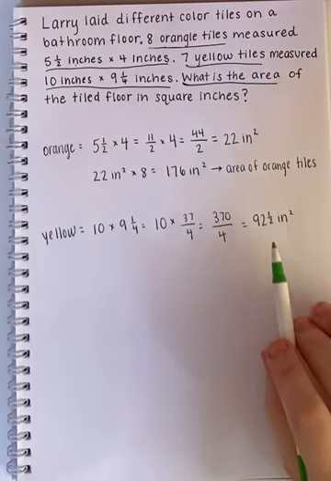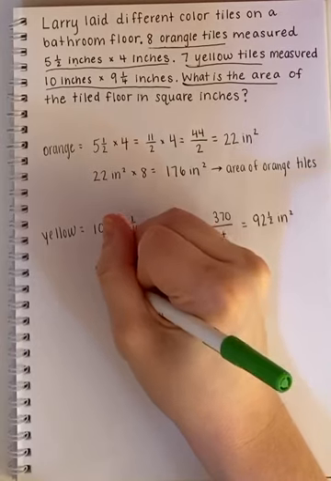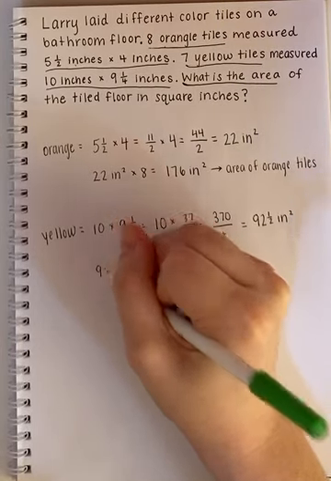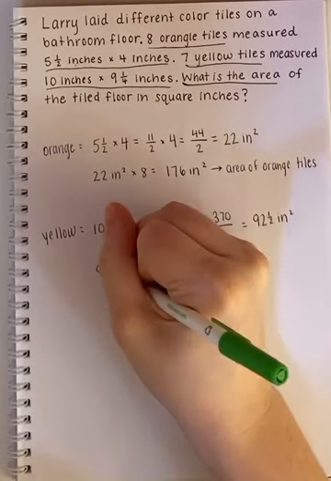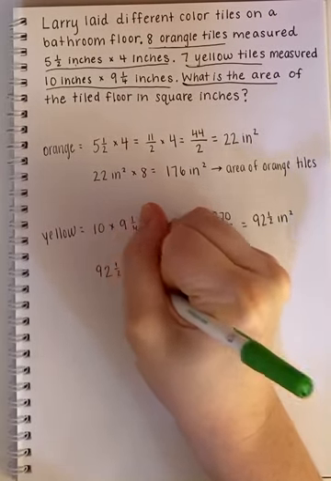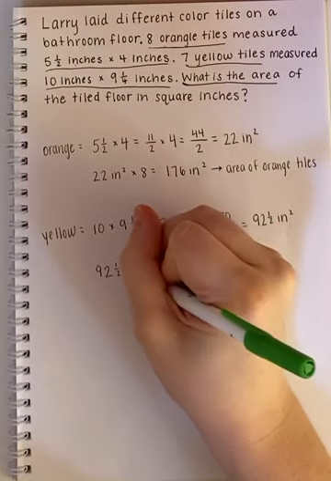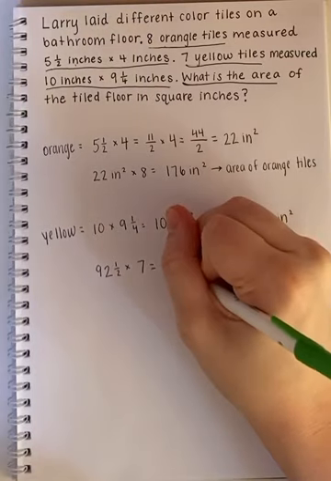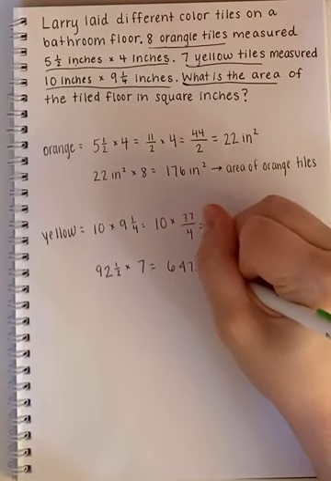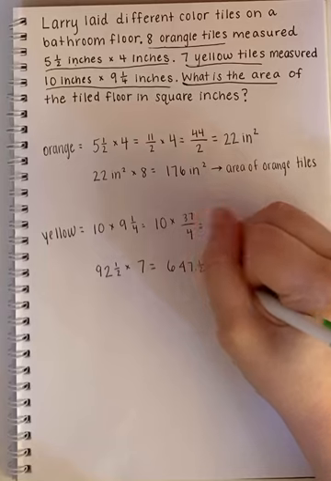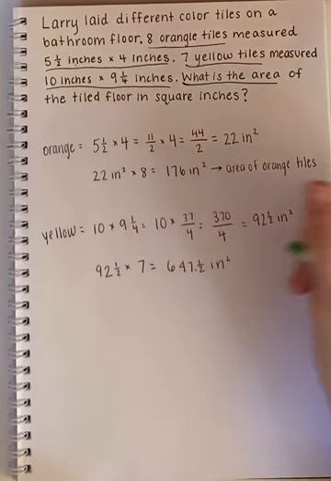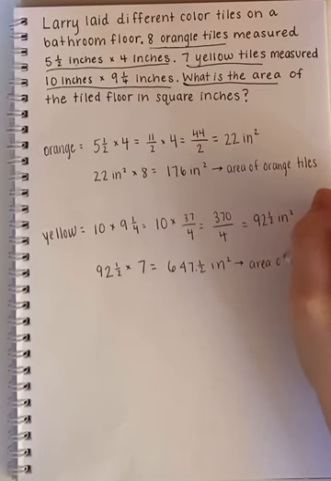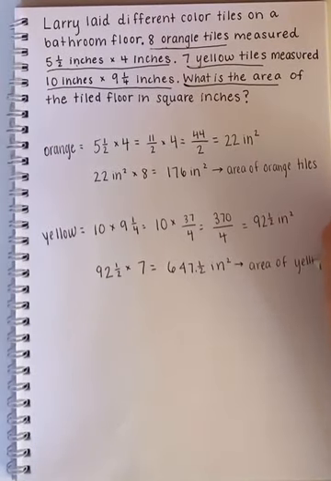That is the area of one tile. We have 7 yellow tiles, so you'd multiply 92.5 times the number of tiles, which is 7, and you should have gotten 647.5 inches squared. Okay, so that is the area of the yellow tiles.